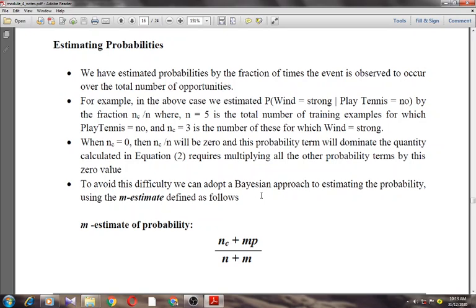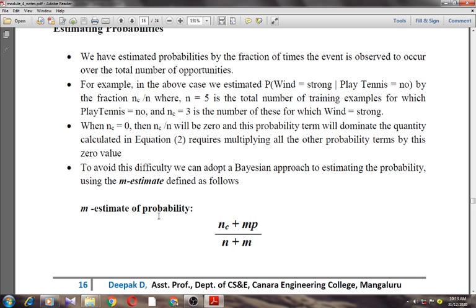To avoid this difficulty, we can adopt a Bayesian approach to estimating the probability using the m-estimate, defined as follows: nc plus mp divided by n plus m.